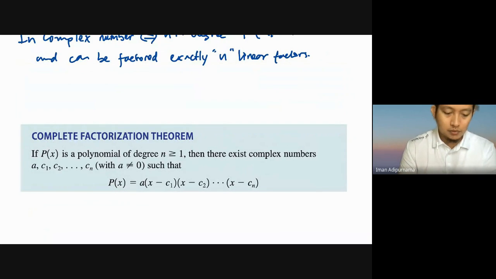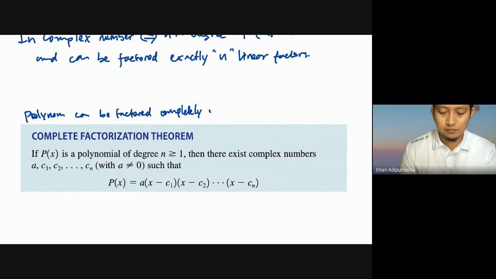So the fundamental theorem of algebra and the factor theorem show that a polynomial can be factored completely into linear factors.